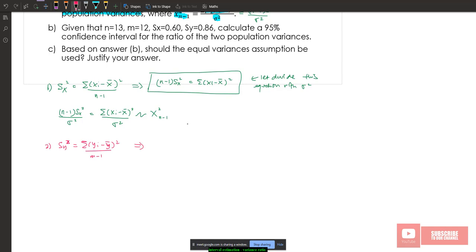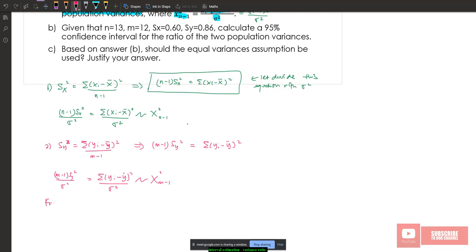Same step as previously, we bring m minus 1 to the left, and then this becomes m minus 1 sy squared equal to the summation of yi minus y bar squared. So we divide by sigma squared, and we will get m minus 1 sy squared divided by sigma squared, which is the summation of yi minus y bar squared divided by sigma squared. So this is also a chi squared with m minus 1 degrees of freedom.